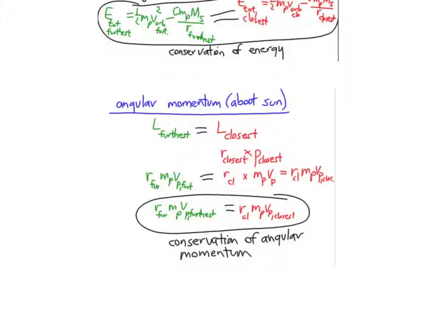Treating these satellites as point masses, we can simply calculate the angular momentum as r cross p. r and p are perpendicular at closest and furthest distance away, and so we simply get a relationship that says r furthest times mass of the planet orbiting times the orbital velocity at the furthest is equal to a like statement for the closest approach. And of course, looking at the conservation of energy and the conservation of angular momentum sets up two equations with two unknowns, which is very helpful in many cases.